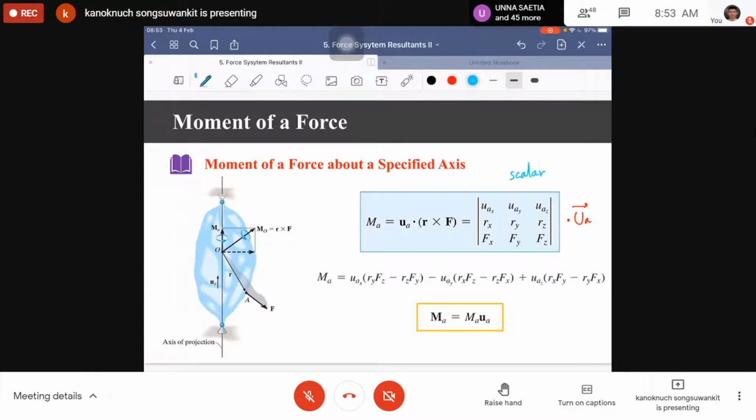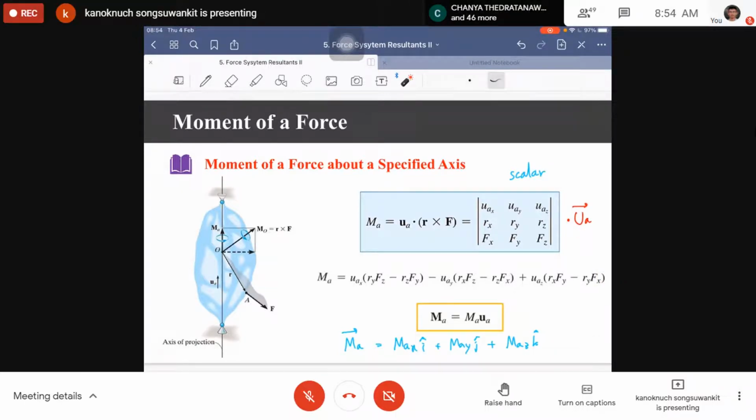Finally, you will have the moment about any axis in Cartesian form, MAX i, MAY j, and MAZ k, by using the dot product two times. The first time finds the magnitude, and the second time makes it into Cartesian form.